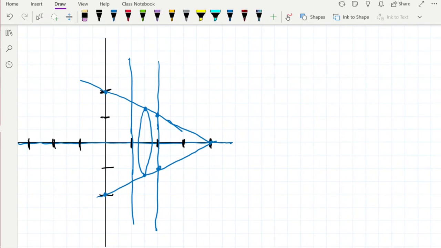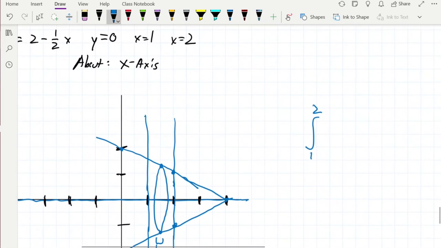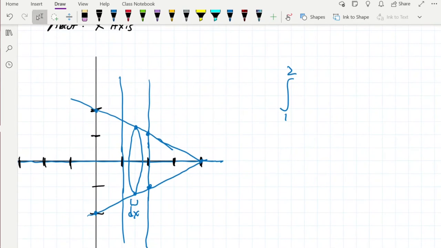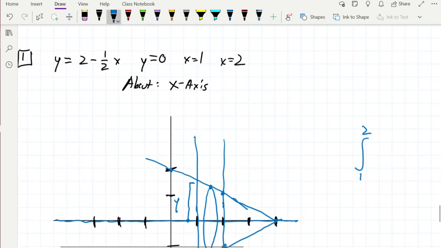So our integral is going to be, we're going to be using dx, and we're going to go from 1 to 2, and we're going to take the area, so we're going to have to figure out what r is. So r is going to equal y, which equals 2 minus 1/2 x.